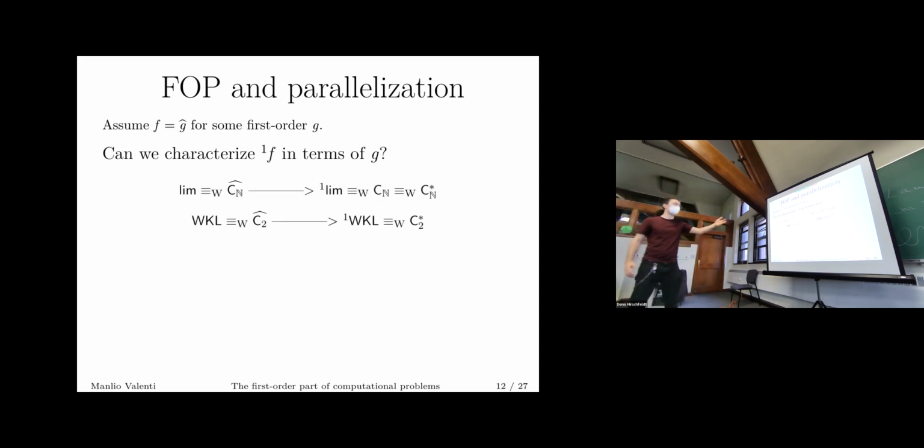Well, notice, for example, lim is the parallelization of choice on the natural numbers. We proved that its first order part is choice on the natural numbers, which is choice star, equivalent to the finite parallelization. Same thing with Koenig's lemma, it's the infinite parallelization of choice on 2. And we may guess that its first order part is just finitely many instances of choice on 2.